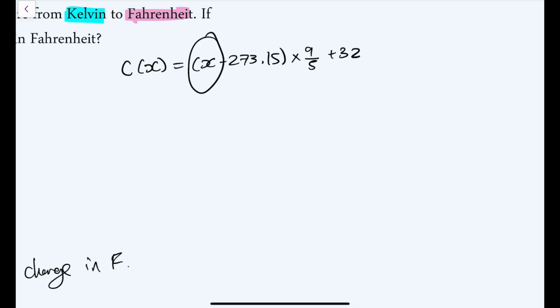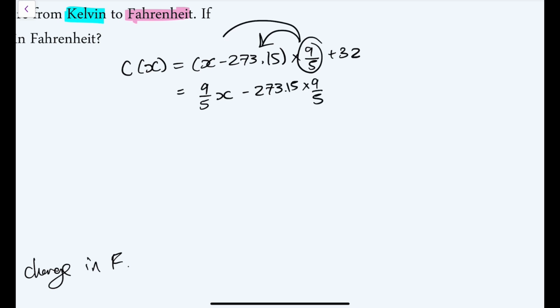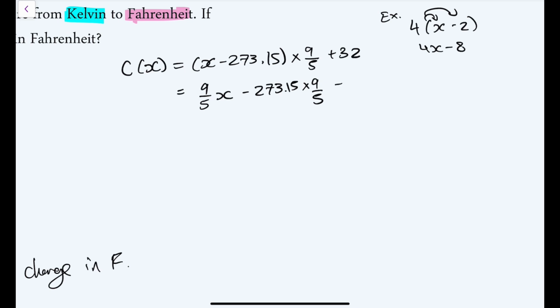So Kelvin is x. If we're talking about a 10-degree increase, originally this is 9/5x minus 273.15 times 9/5, right? We're distributing this 9/5 to everything inside the bracket. This would be similar if you did 4 times x minus 2, you would distribute, so 4x minus 8, same thing we did here, plus 32.